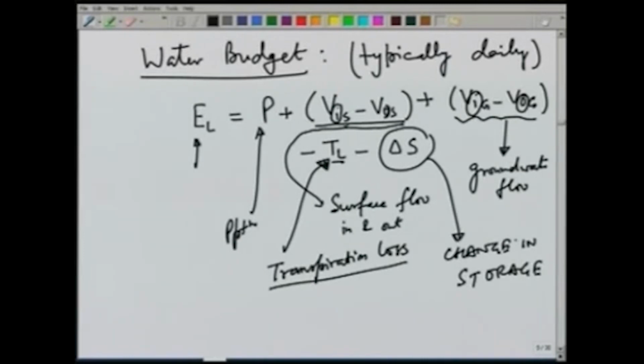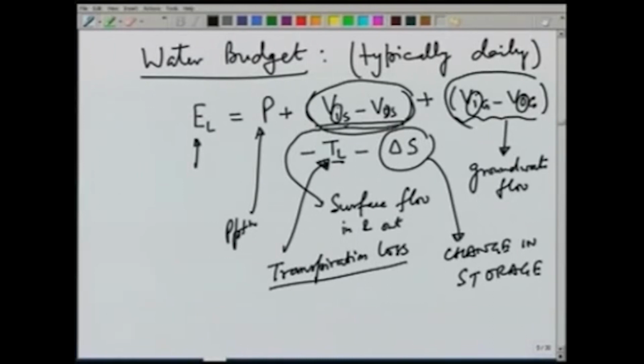So, what water budget tells us is that if we know the amount of rain falling on the lake, what is the net inflow through surface water, what is the net inflow through groundwater, what is the transpiration loss, and what is the change in storage, we can find out the evaporation from the lake, because that will be the net result of all the other processes.